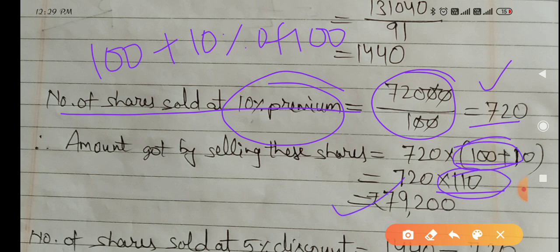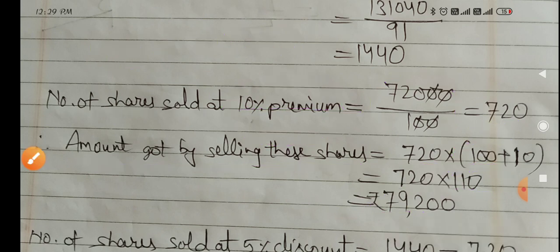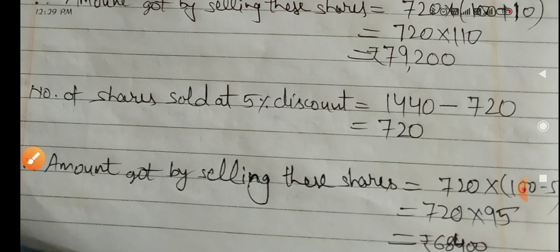By selling these shares she is getting 79,200, which is 720 multiplied by 110.